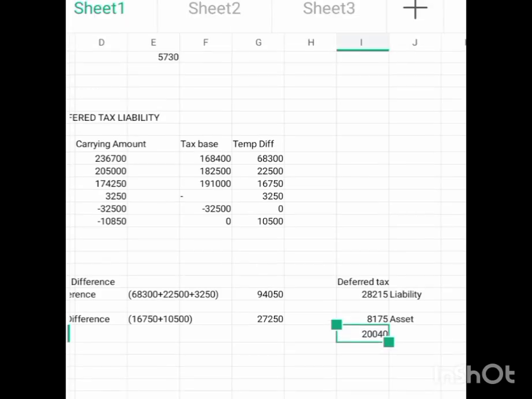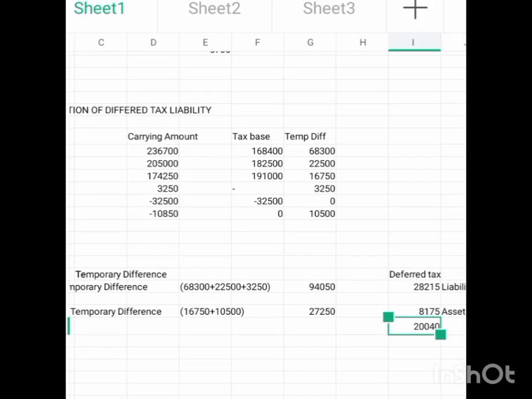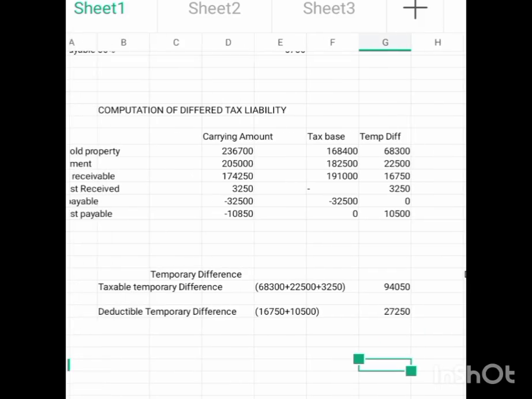So this is now our deferred tax that will be paid. Like we have set it off now: the amount they are refunding to us, subtracted from the amount we are expected to pay to them. Then we have the balance of 20,040. So this is now our deferred tax for that particular year.